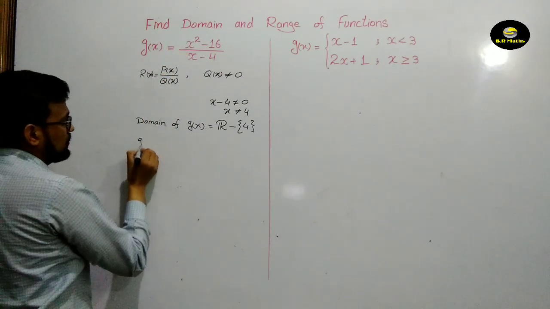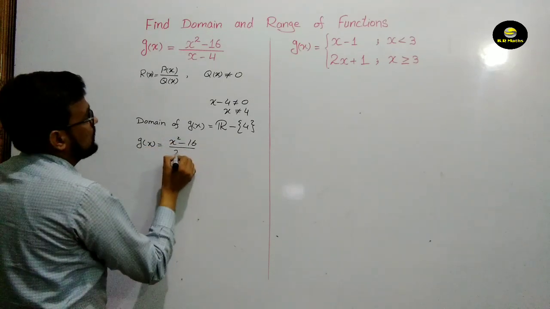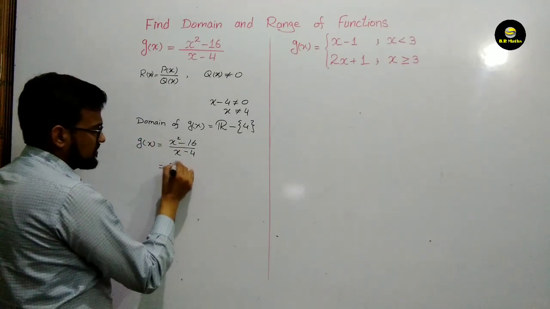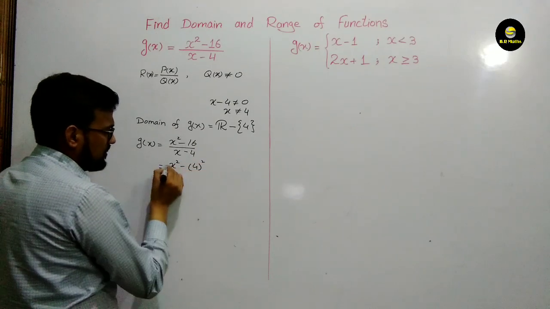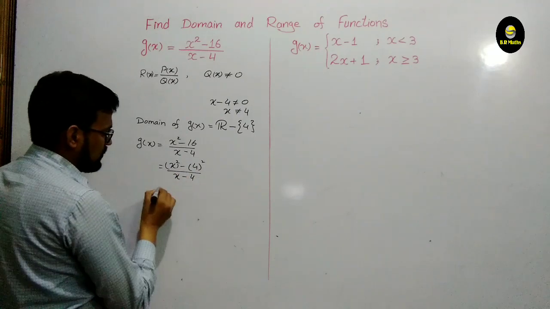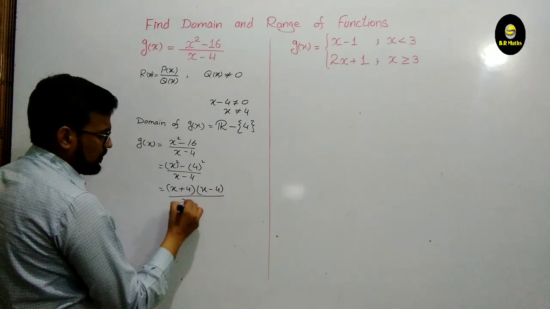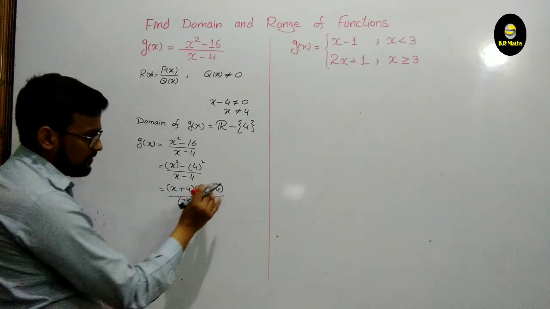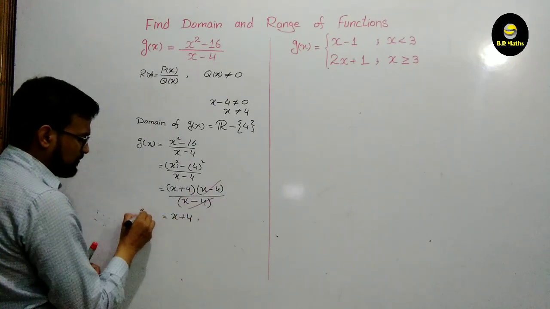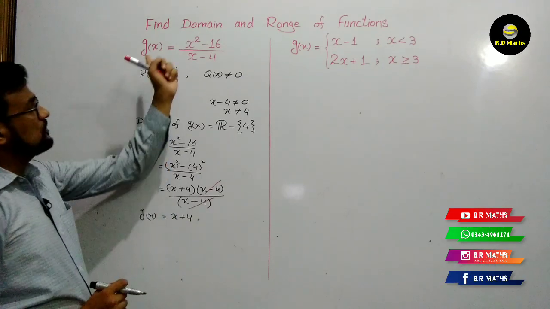So find g of x is equal to x squared minus 16 over x minus 4. Simplify: x squared minus 4 squared, so according to the algebraic rule, x plus 4 times x minus 4 over x minus 4. The x minus 4 cancels, and the final result is g of x is equal to x plus 4. So this is the equivalent function.